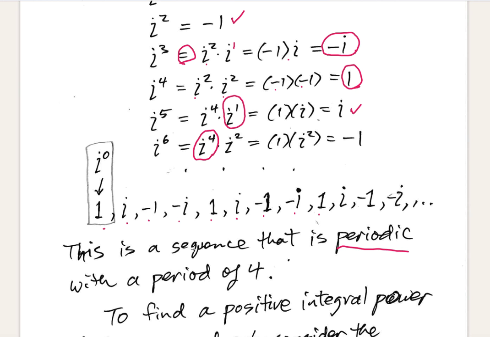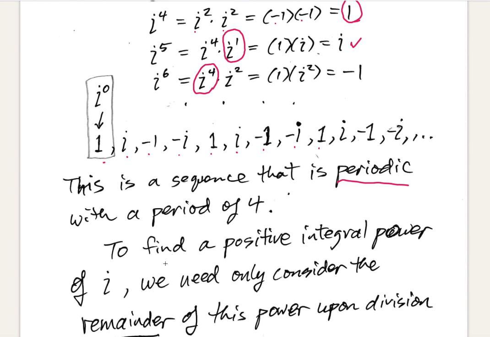So you can see this pattern in the powers of i. It's a periodic sequence with a period of 4. You can only get what out of a power of i? And I'm talking about integral powers of i, so any integers. You get 1, i, negative 1, or negative i, and that's it. Now, I'm only going to stick to positive integral powers here, not negative powers.